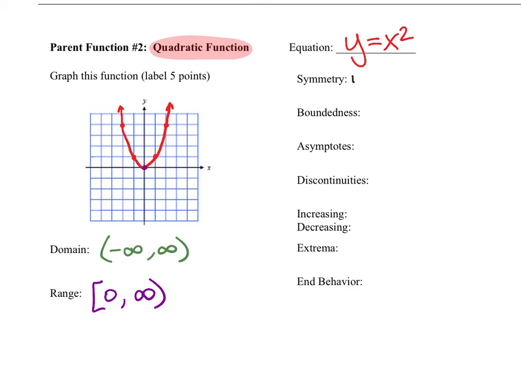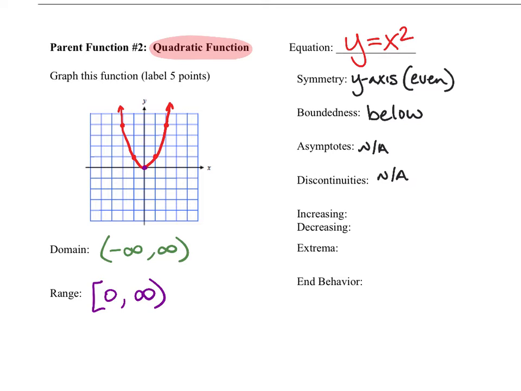This is symmetrical about the y-axis. It's foldable on the y-axis, which, remember, makes it an even function. Since it has a lowest value on its range, we can say it's bounded below, but it does not have any asymptotes or discontinuities.